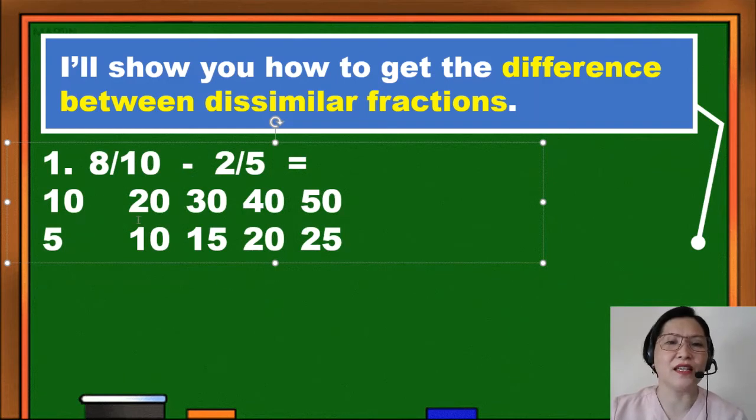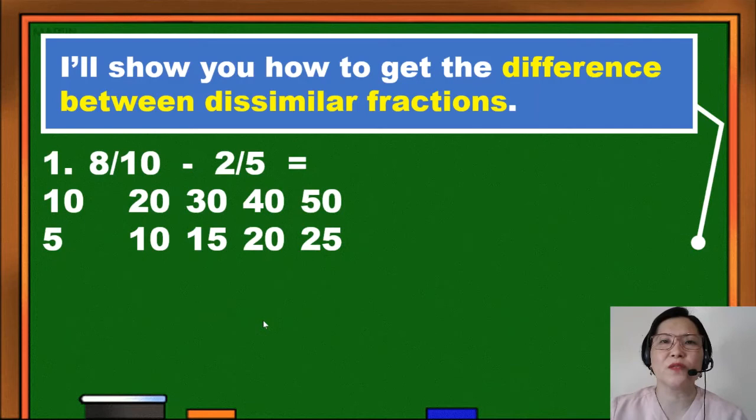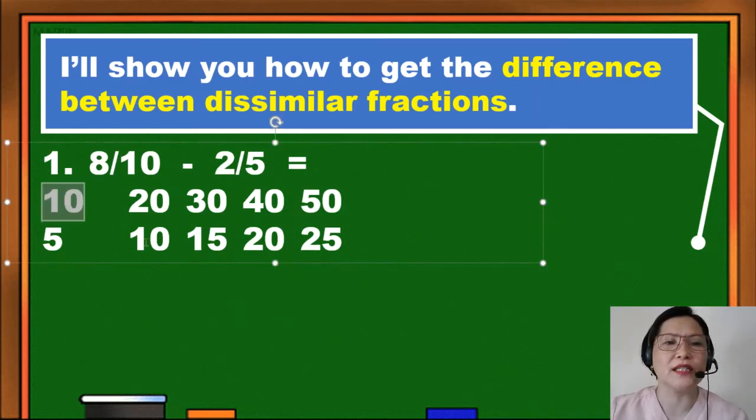Yes, it's 10. You can also have 20. But since we are talking of least, meaning the smallest, as much as possible, we're going to get the smallest or the least. So, we are going to use 10.